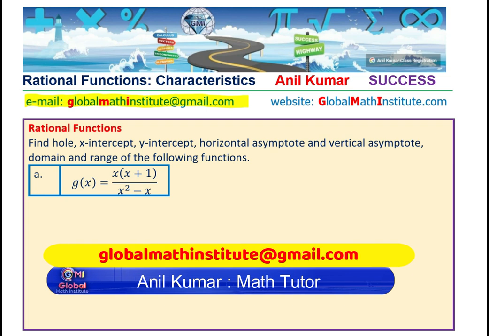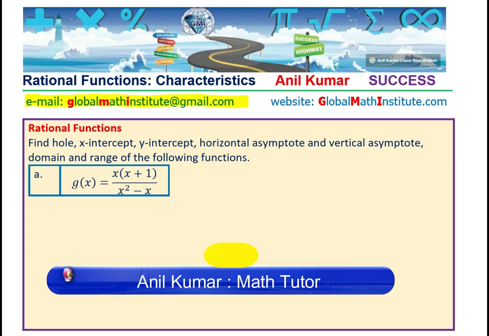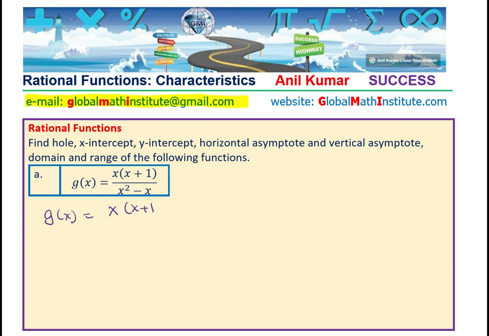Perfect. So let's begin with the very first question, which is given to us as g of x equals x times x plus 1 over x squared minus x. It's a good idea to simplify. So we'll factor the denominator where x is common and we get x minus 1. So you see there's a common factor which is cancelling.